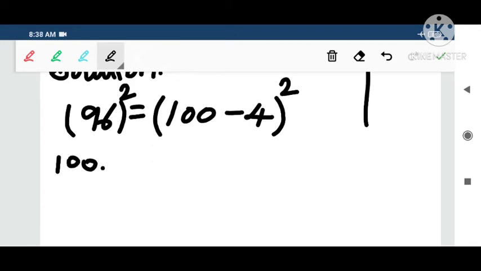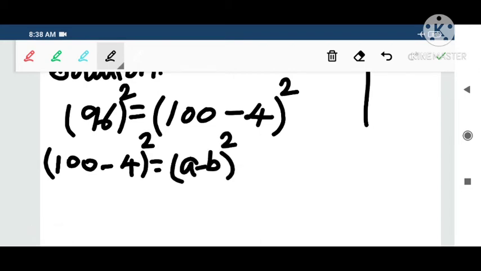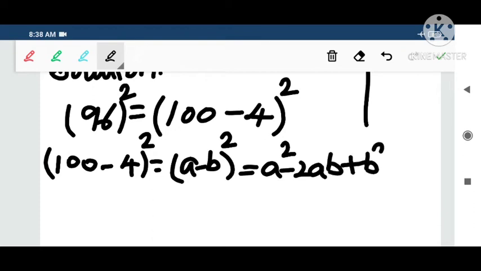And the expansion of (a minus b) the whole square is a square minus 2ab plus b square. So what is the value of a and what is the value of b? a is 100, b is equal to 4.